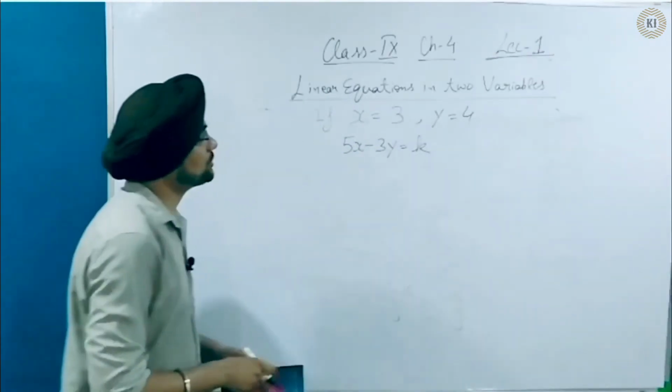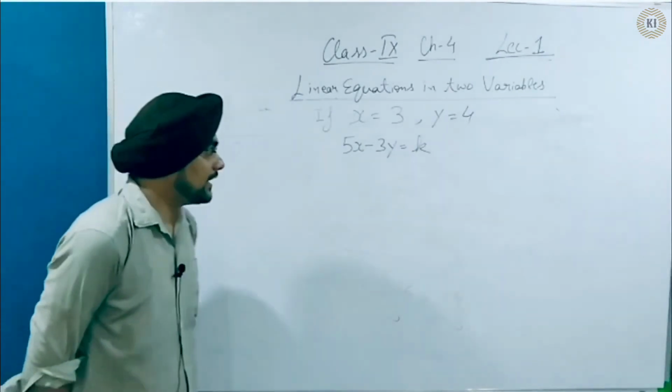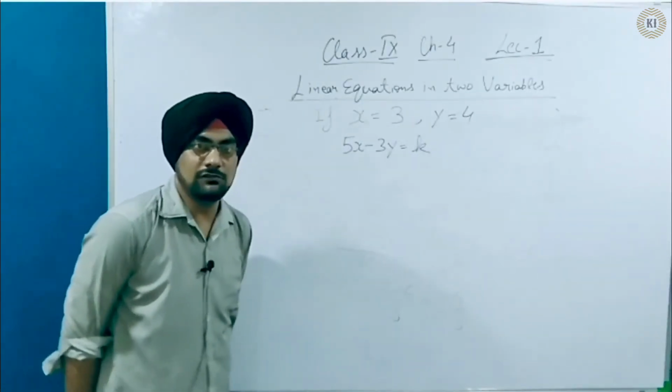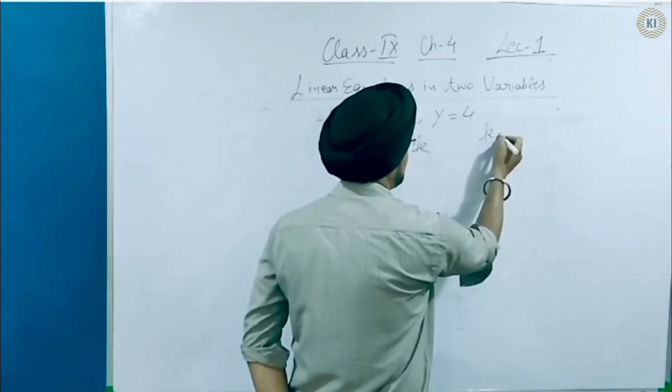Now see, in this question the value of x is 3, the value of y is 4. You have to calculate the value of k. So what will be the value of k?